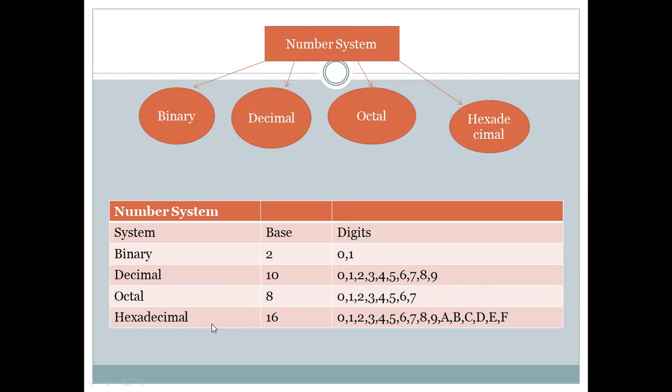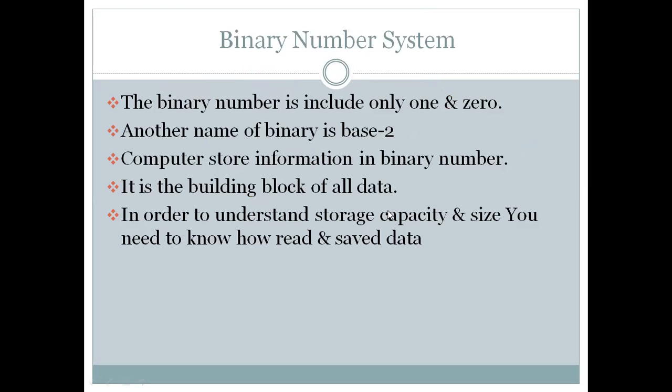If we talk about the hexadecimal system, we calculate the maximum digit: 16 minus 1 is 15, which we define as F. That means the decimal digits 0 to 9 are defined, then 10 is A, 11 is B, 12 is C, 13 is D, 14 is E, and 15 is F.